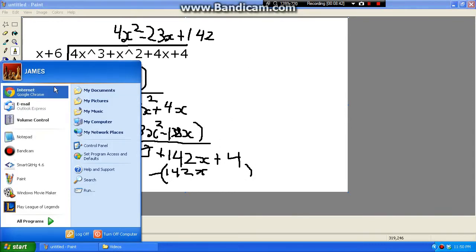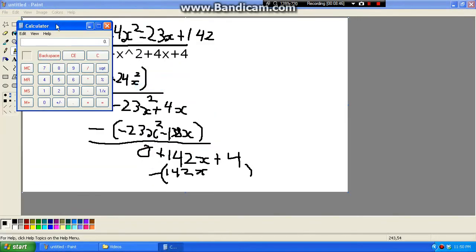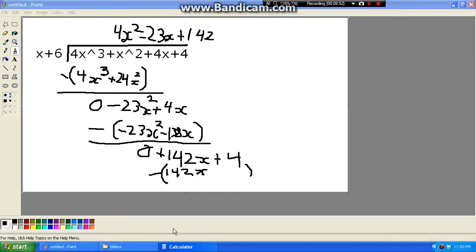Let's just get a quick calculator up for that. Accessories, calculator. 142 times 6 is 852. So minus then 852. And that gives us 4 minus 852, which is negative 848, which is our remainder.